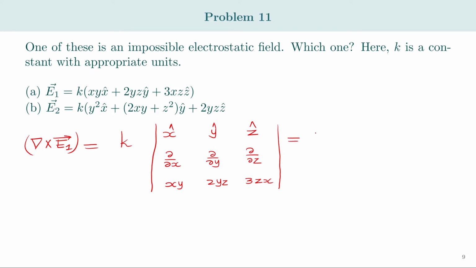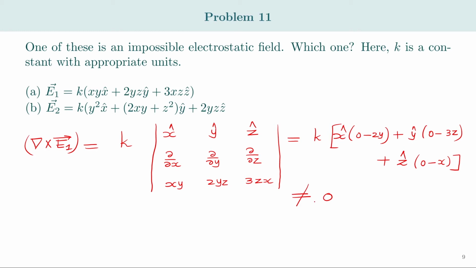So this gives us k times x hat (0 minus 2y), and then y hat (0 minus 3z), and then z hat (0 minus x). We see that del cross E1 is not equal to 0. This indicates that E1 is not an electrostatic field.